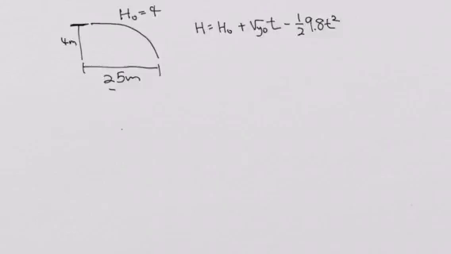Why do we care about all this? Because we know that the height has to equal 0 when it hits the ground. That's part of what we're dealing with here. And we know that h sub 0 equals 0. What we're really interested in is v sub y 0 equals what?